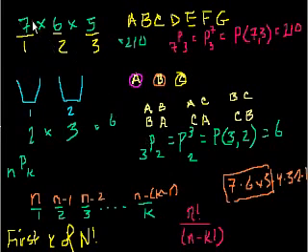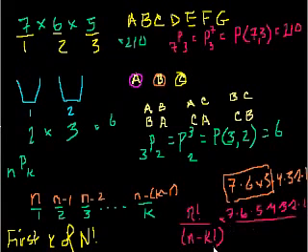So in this case, n factorial was 7 factorial, so it was 7 times 6 times 5 times 4 times 3 times 2 times 1. And then what was n minus k factorial? Well, in our example, k was the number of spots, and there were 3 spots. So 7 minus 3 is 4. So 4 factorial. So it's 4 times 3 times 2 times 1.